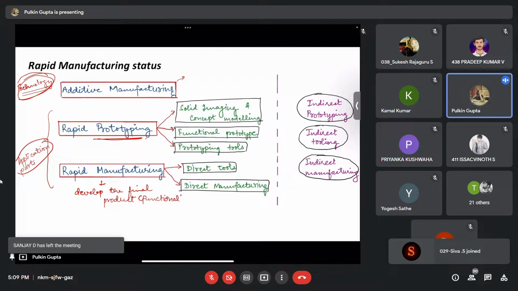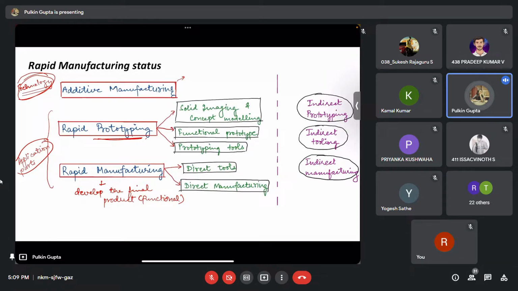Now, in rapid prototyping as well, we can have prototyping in multiple ways. One is solid imaging and concept modeling. The other is functional prototype, then prototyping tools. These are key things in rapid prototyping.